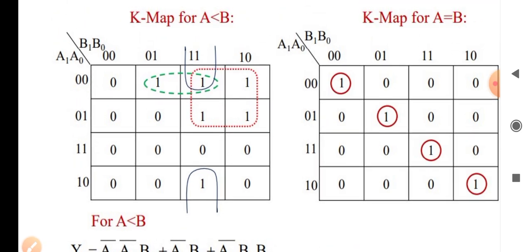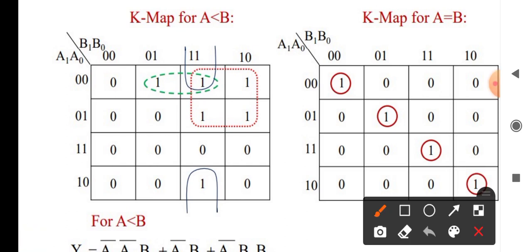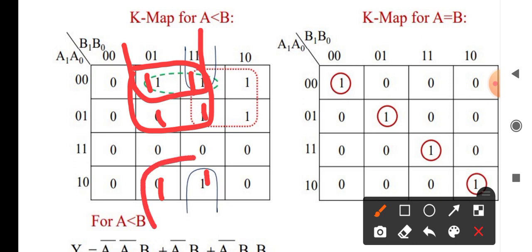So this is for A less than B, 1, 1, 1, 1. We have grouped it and found it. In the case of a Karnaugh map, if you have 1, 1, 1, 1 here and 1, 1, 1, 1 here, you can make it one quad here, and similarly you can make this one as one quad. There is no problem in doing like this.